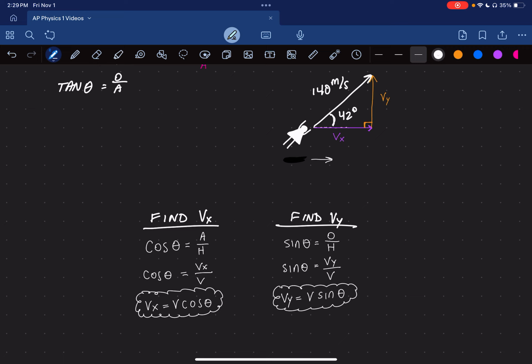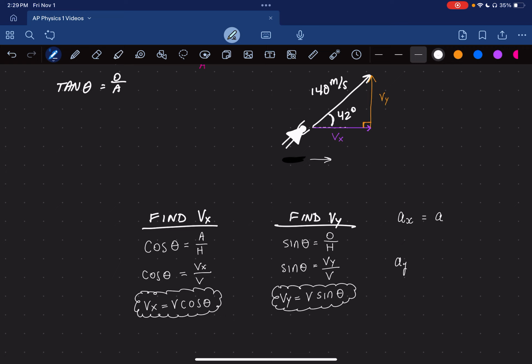But keep in mind that if this is not a velocity vector, let's say it's an acceleration vector, then we might be wanting the horizontal component of some acceleration, or maybe the vertical component of the acceleration. And so your equations would change to look something like this. Okay, and if it's an electric field vector, then it would look like this: E cosine theta and E sine theta.